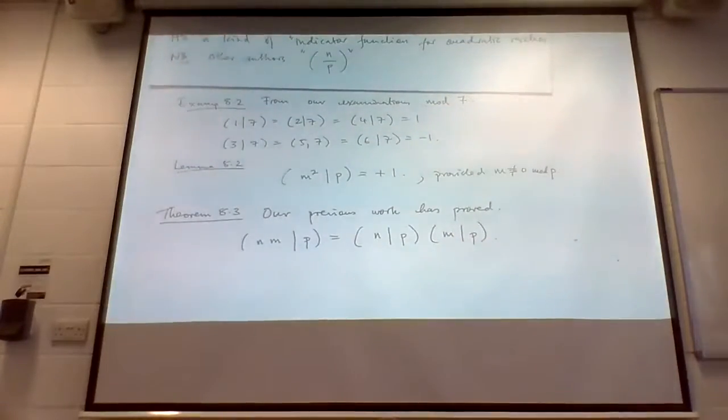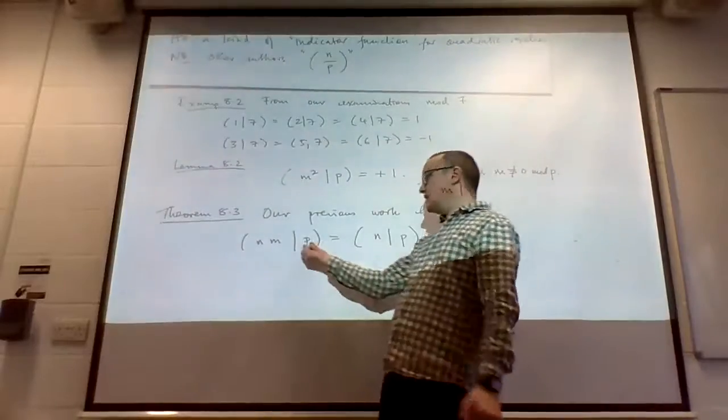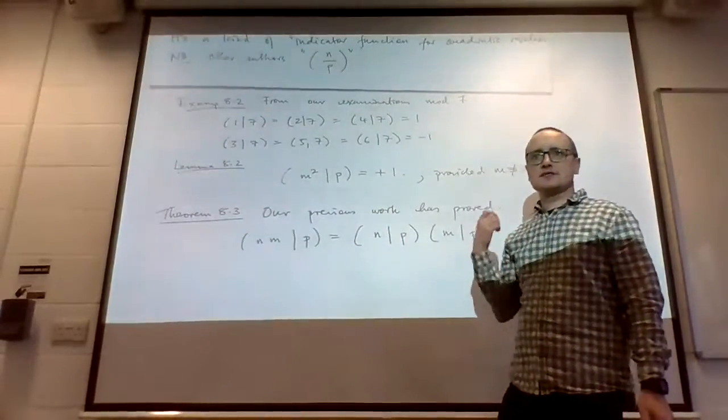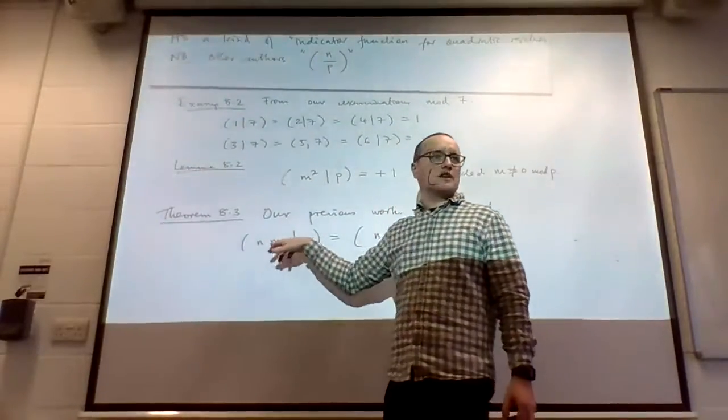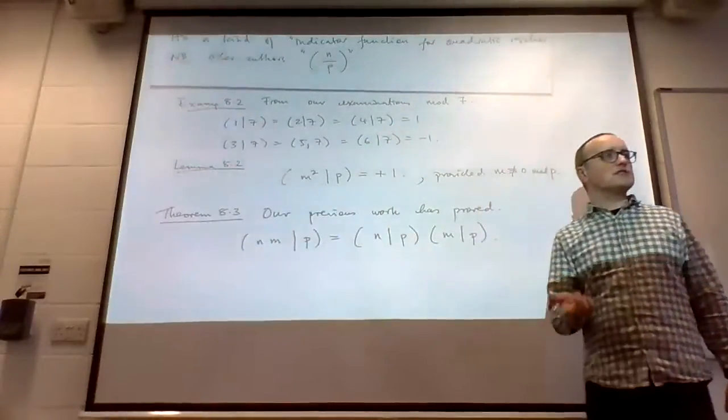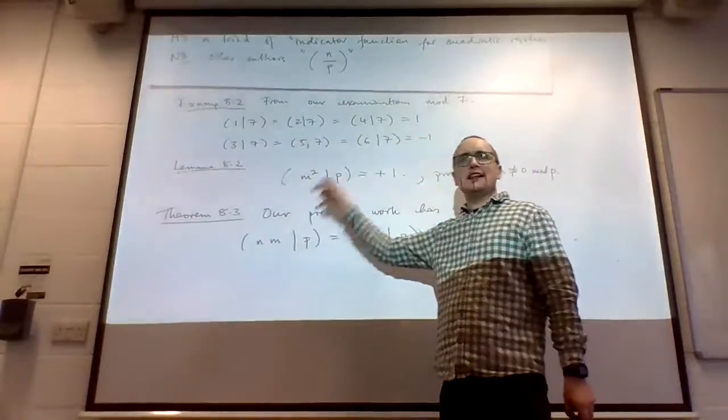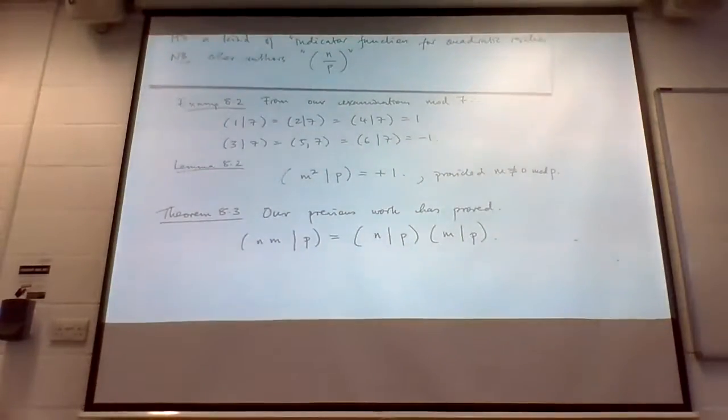If you think of p as some fixed number, a fixed prime modulus, then the Legendre symbol becomes a function of the first argument. It's a function of the first position that takes values in +1, -1, or 0.